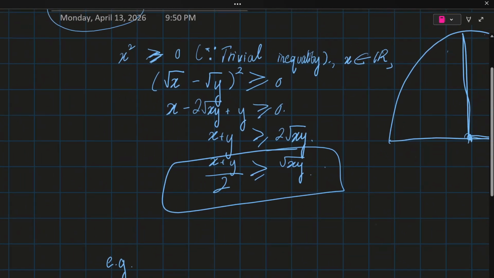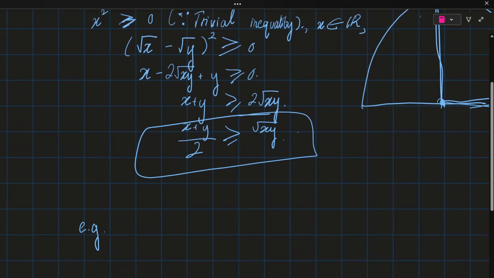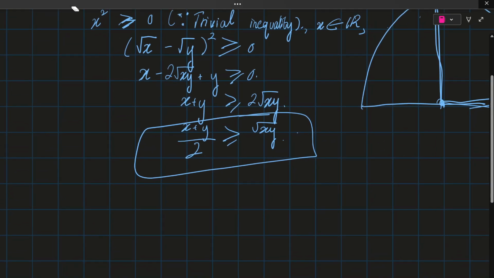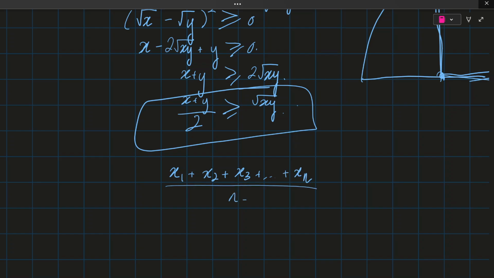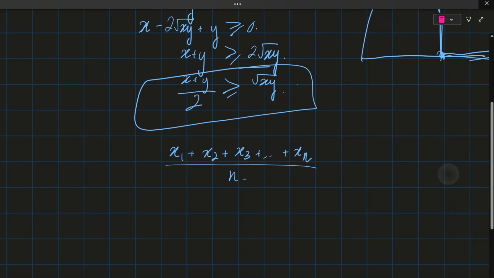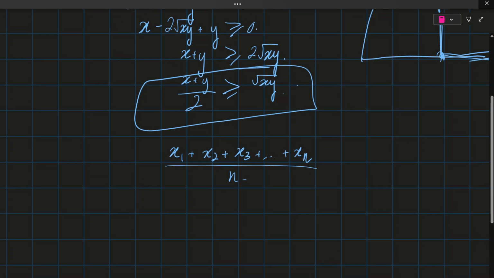Also, just as a general formula to generalize everything for the AM-GM, it's x1 plus x2 plus x3 plus so on, xn. For the left-hand side, the greater than or equal to side, you could just memorize that as the formula for calculating the mean of something in statistics.